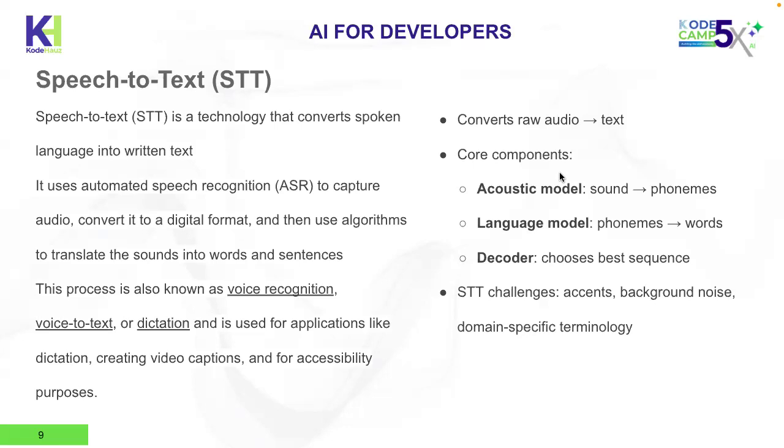The language model takes the phonemes, which is again a stream of things that represent sounds, and it comes up with words. And then the last bit is the decoder. The decoder will take those words and work out the best sequence of those words that matches what was spoken. So that's basically the stack of it.